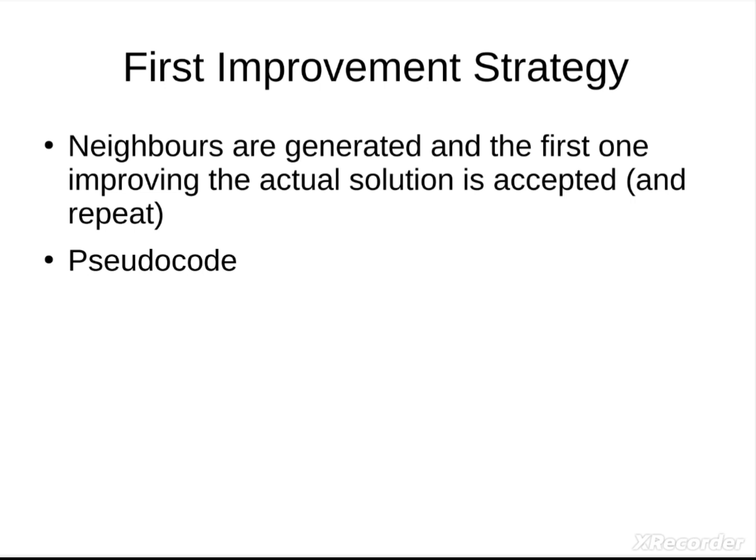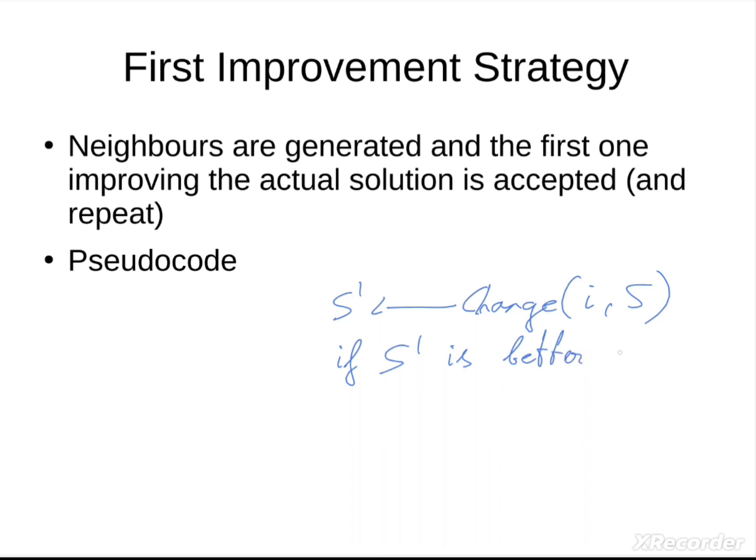So the pseudocode of this strategy is: if we have a solution, let's say S, then you produce a neighbor S prime applying change I on the current solution, and if S prime is better than S, then you make a move. And this is usually included into a loop where you evaluate all the possible changes.